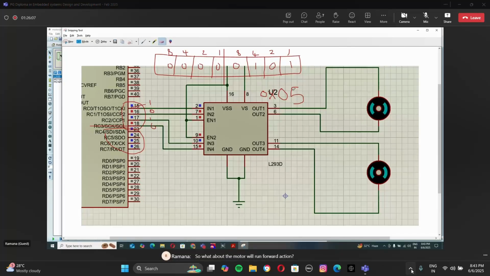So if I want my motor to run in the reverse direction, here you have to give 0 1 0 1. Then reverse direction.